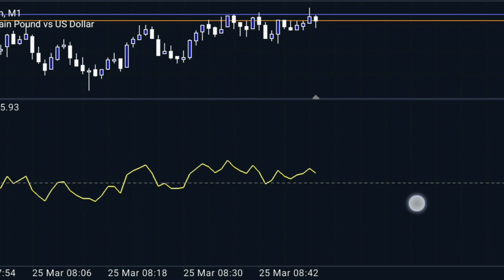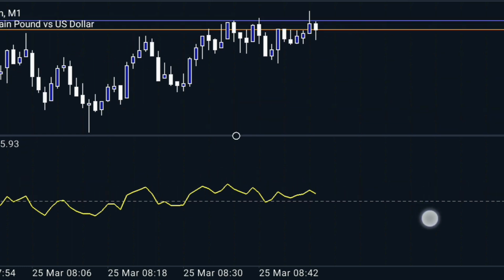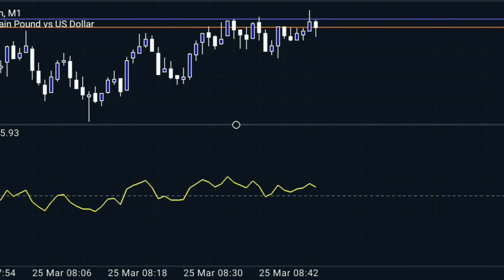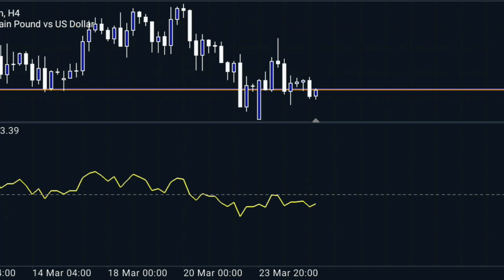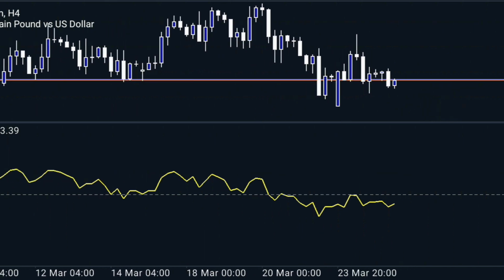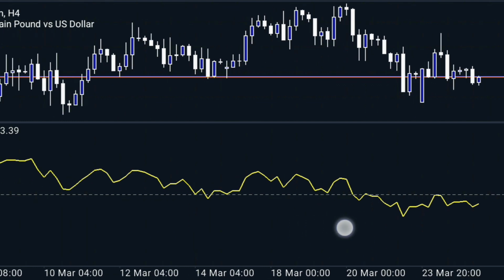As we had learned, when the price is above this 50 level, we are looking for buying opportunities because the price is bullish. You can see in this case here the price is below the 50 level, so it is bearish.